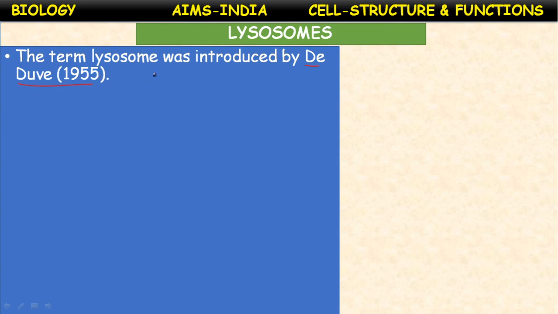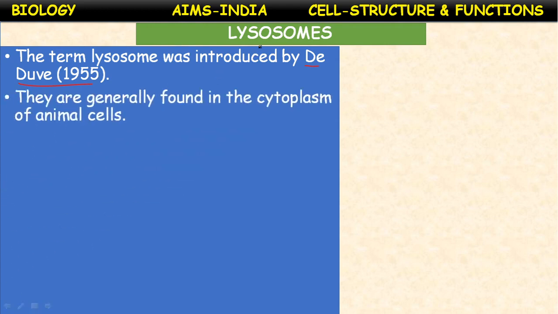These are organelles present only in the animal cells. They are absent in the plant cells. It was found that several destructive enzymes are present in these lysosomes. The enzymes normally do not come in contact with the rest of the cell because they are bag-like or sac-like structures inside which these destructive enzymes are present.